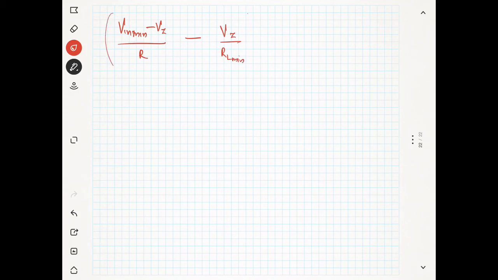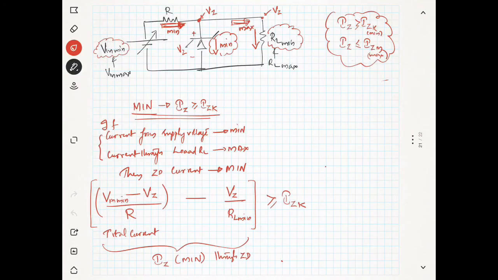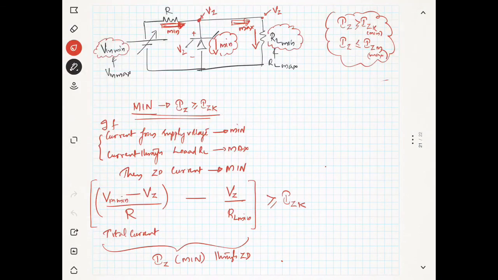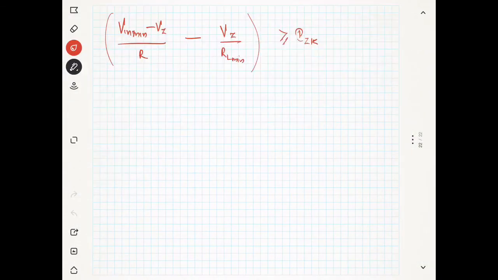This whole quantity should be greater than or equal to Izk. Vin minimum is given in the problem, it is nothing but 24. So 24 minus 15 over R minus 15 over 1000 should be greater than 0.25 milliampere.